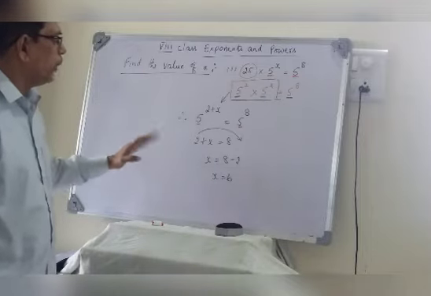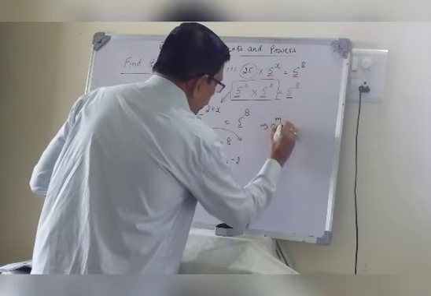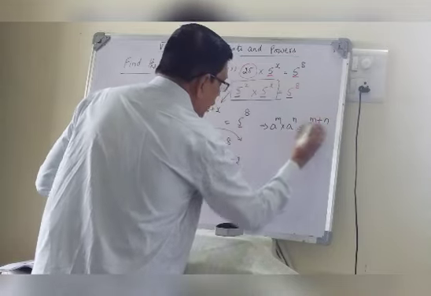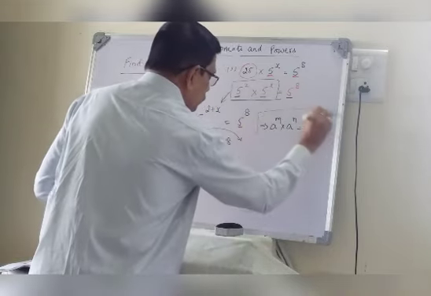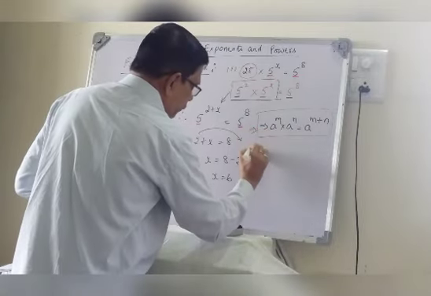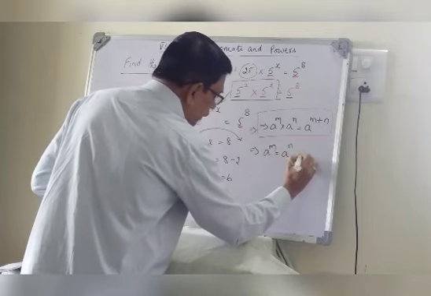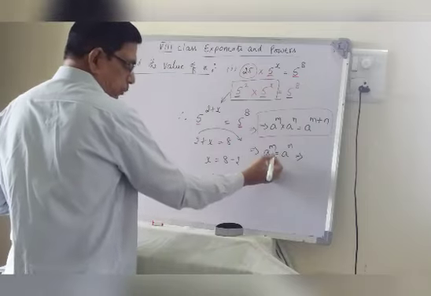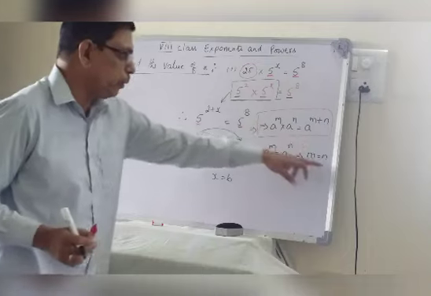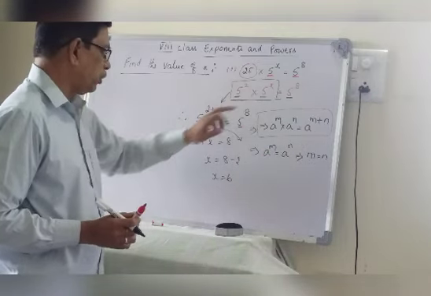इस प्रॉब्लम में हम कौन सा फॉर्मूला यूज करें? We use the formula a to the power of m into a to the power of n is equal to a to the power of m plus n. और इधर कौन सा फॉर्मूला यूज करें? a to the power of m is equal to a to the power of n. अगर दोनों के बेसिस इक्वल हैं तब क्या होता है? m इज इक्वल टू n होता है. पावर्स भी बराबर हो जाते हैं. Similarly here 5 to the power of 2 plus x is equal to 5 to the power of 8.